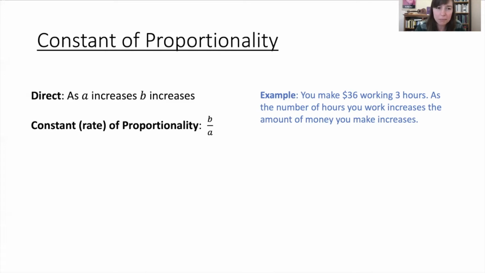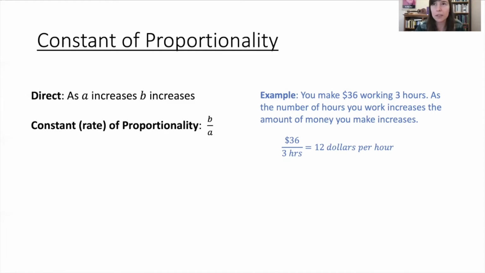You might pause. But okay, if you did that correctly, you would end up with the amount of money you make depending on the number of hours you worked. So your constant is your B over A, 36 over 3, which is $12 per hour.